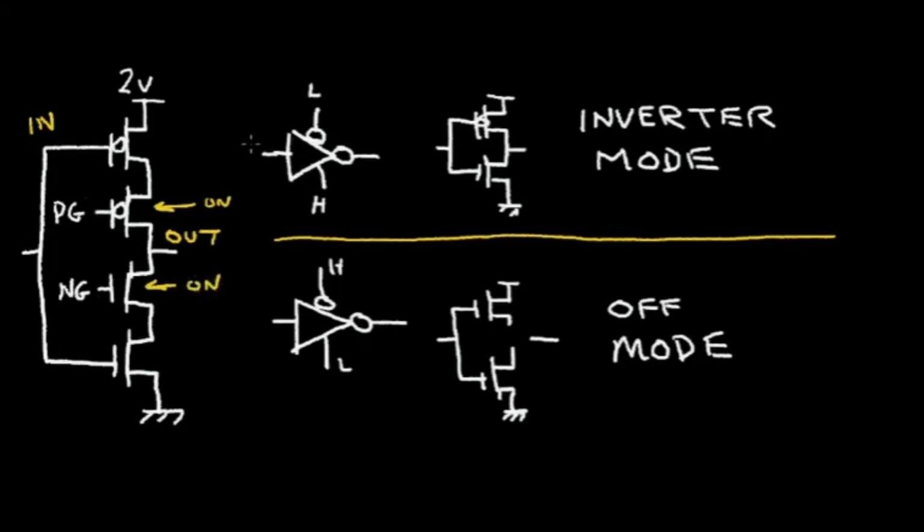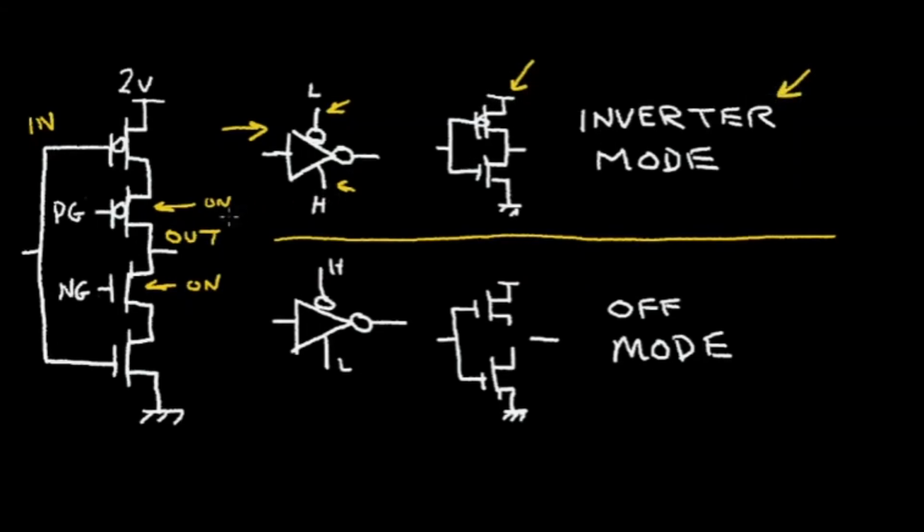That's shown by this symbol for the tri-state driver. Here I have the gate of the N FET set high and the gate of the P FET set low. And under this condition, the tri-state driver behaves like an inverter. The circuit is equivalent to the inverter operation, and I call this the inverter mode.